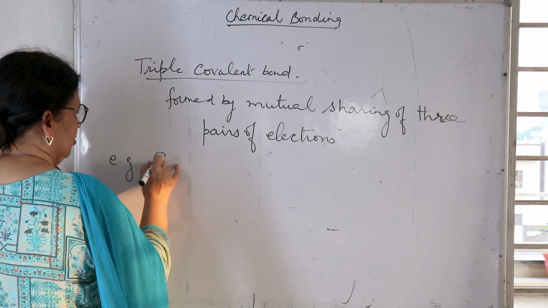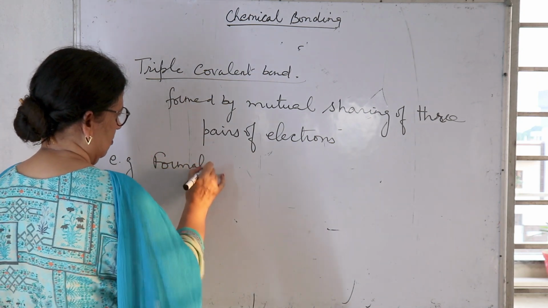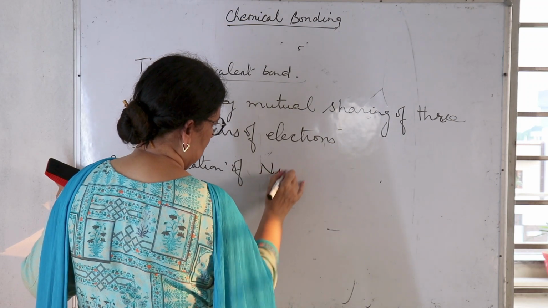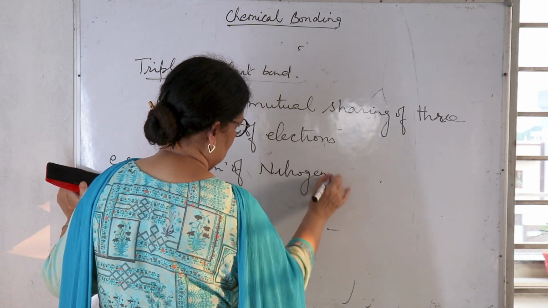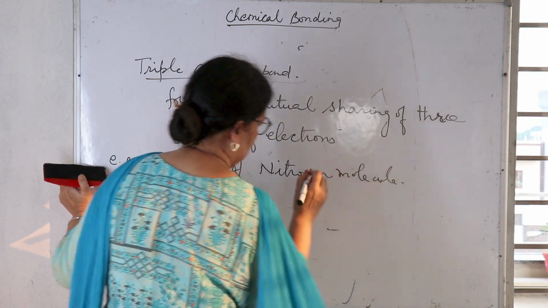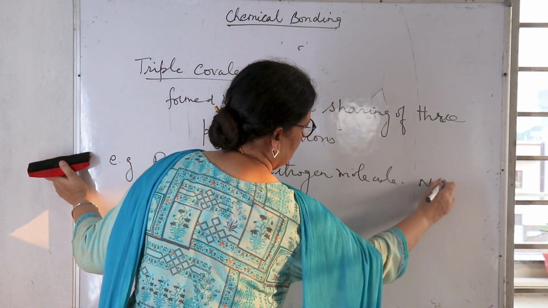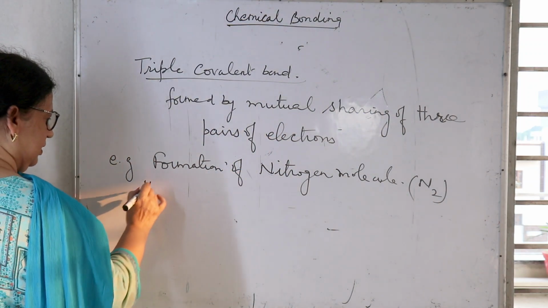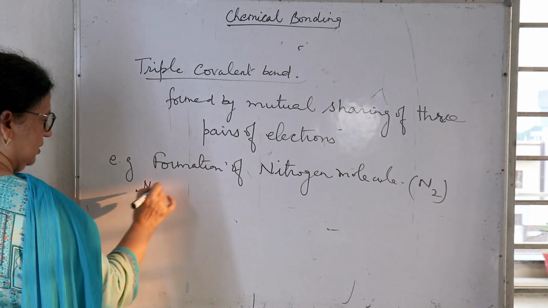Example, formation of nitrogen molecule. N2 molecule. Nitrogen, that is having atomic number 7.